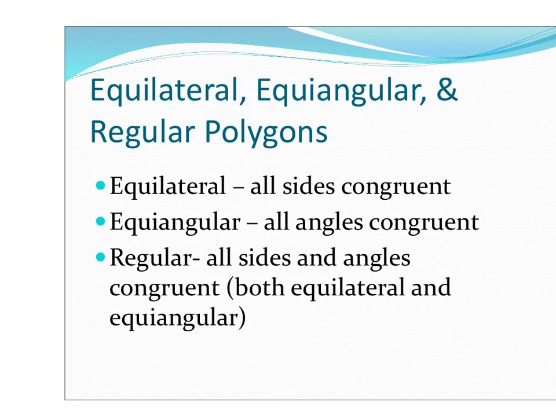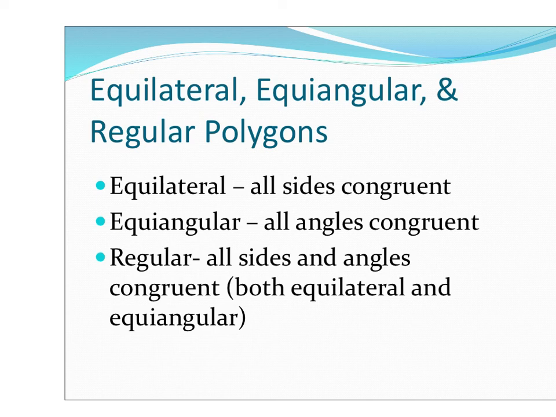Next slide, we also talked about in chapter 1. We talked about equilateral, equiangular, and the word regular. Whenever you see the word equilateral, that means all sides in your polygon are equal. They're all congruent. When you see equiangular, think about it being like equal and angle. All angles are congruent.